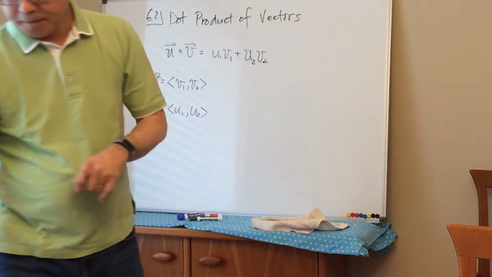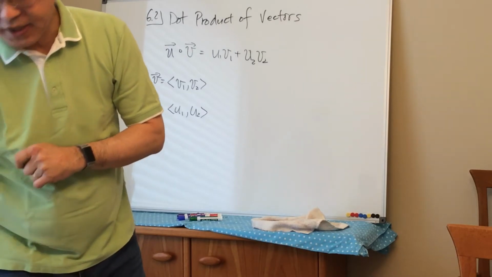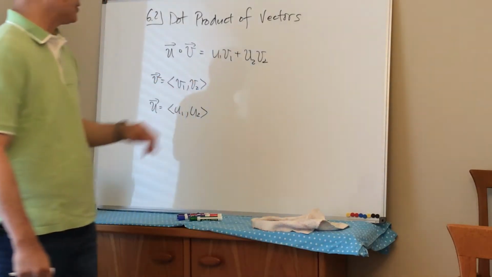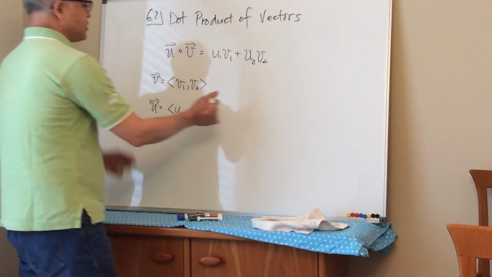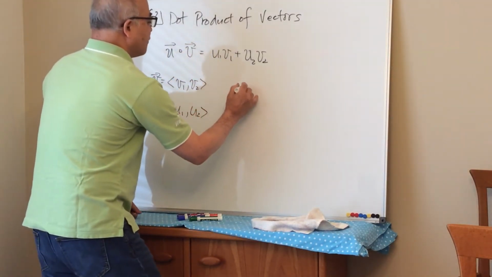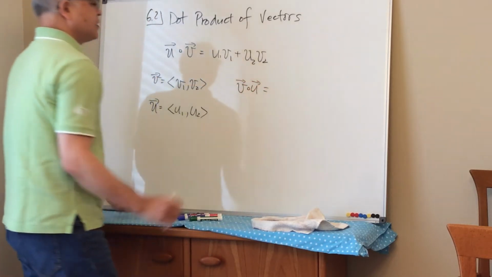All right, so that's on page 467, the middle blue box, the definition of the dot product. When we do it this way, if you switch this and go v dot u, it's the same thing, right?